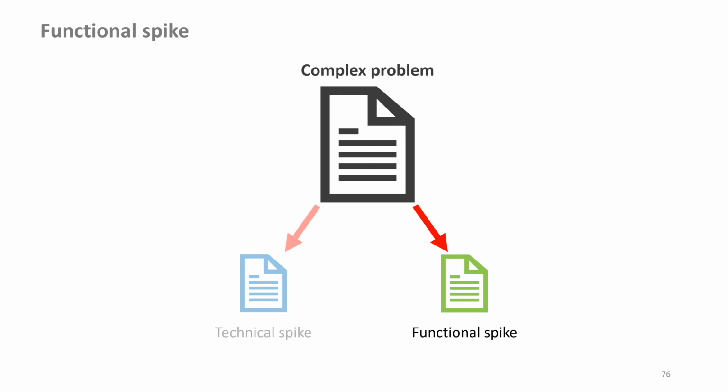Example of a functional spike: Prototype a histogram on the web portal and get user feedback on display size, style, and charting.